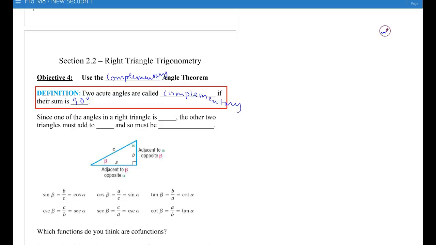Since one of the angles in a right triangle is 90 degrees, the other two angles have to add to 90 degrees, since we proved to ourselves last class that all the angles in a triangle add up to 180 degrees. So if you're in a right triangle, the other two angles must be complementary.